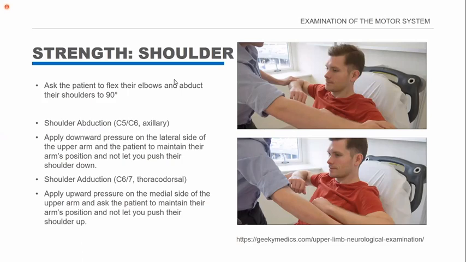And if the power is 5, they may either overcome your resistance or you and the patient become static at a certain level. Same when you are checking shoulder adduction. In checking abduction, you put your hands above the elbow, and here you put your hands below the elbow and ask the patient to push downward.